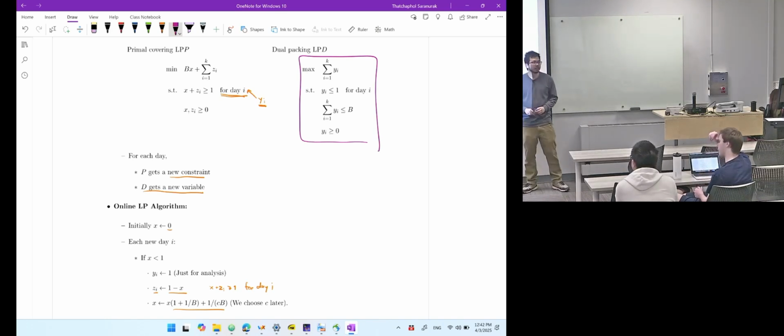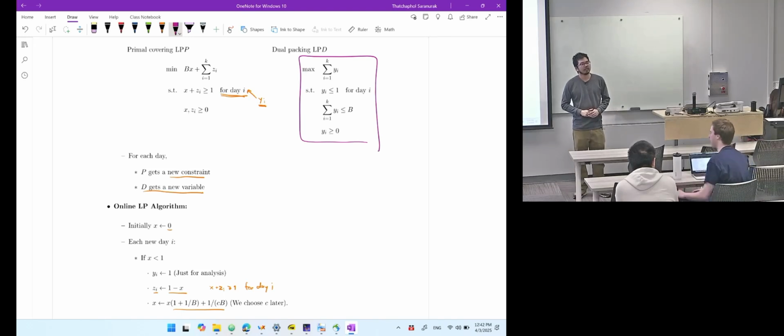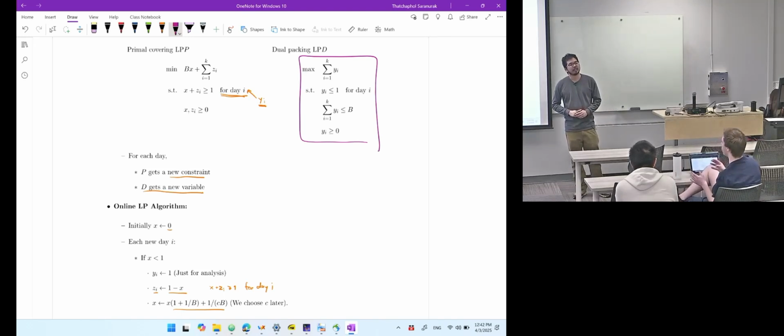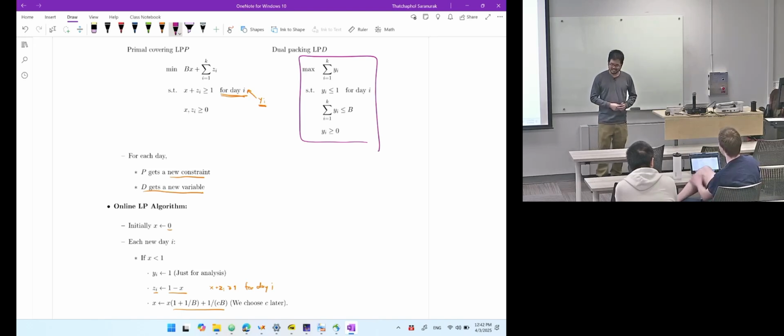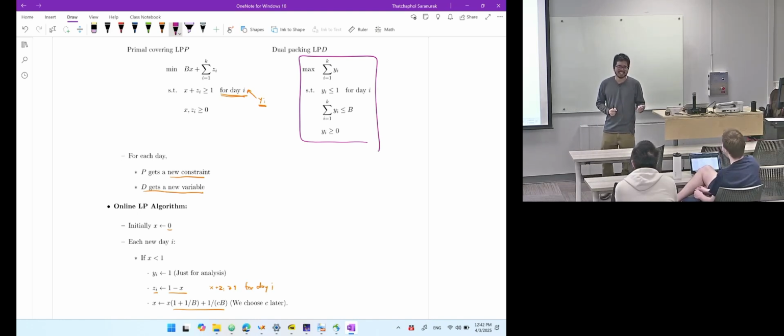I'm not sure if this is different from what Ron said, but this algorithm has to be at least as good as the two-competitive algorithm. After B days, if that algorithm has bought, and we've rented for more than B days, then we're going to be worse than that algorithm. So that is the reason, given that this algorithm is better than the previous one.